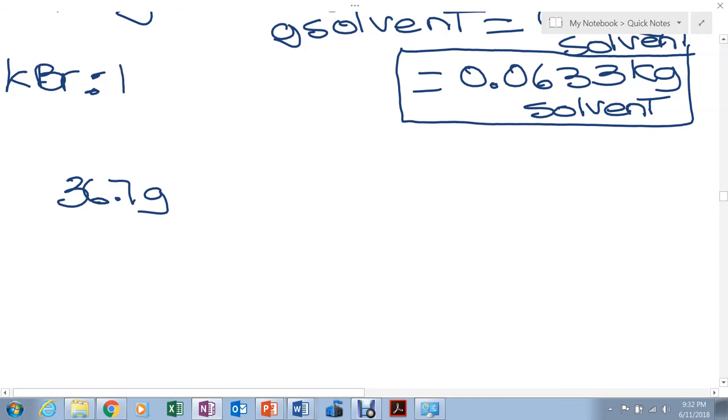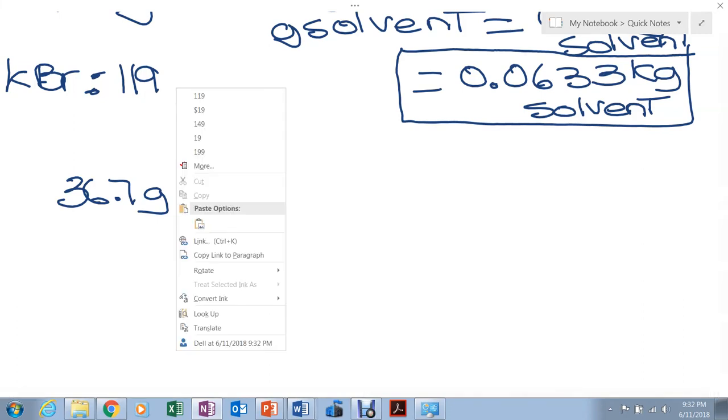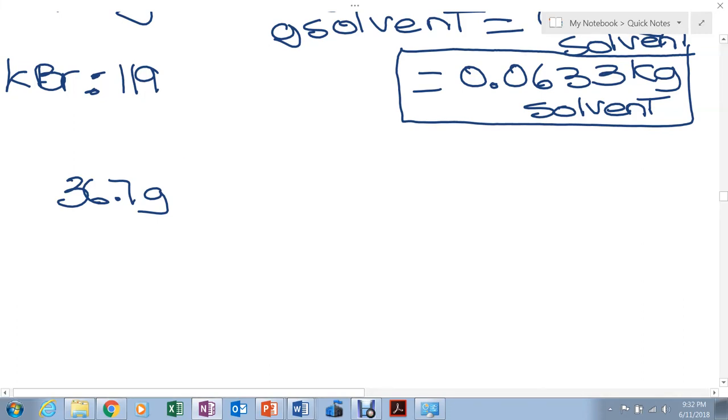So the molar mass of KBr is 119.0023 grams per mole.